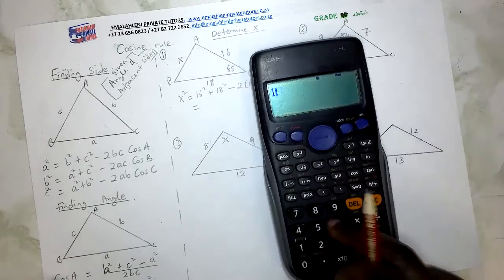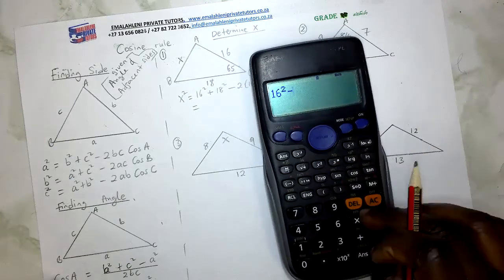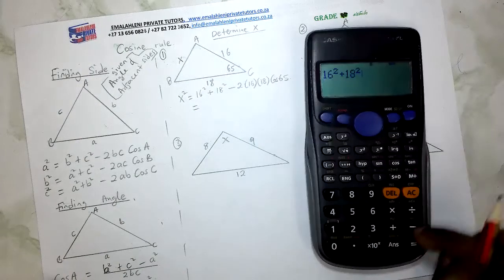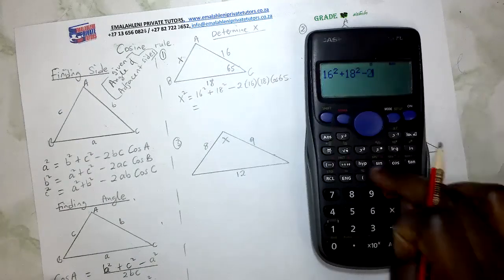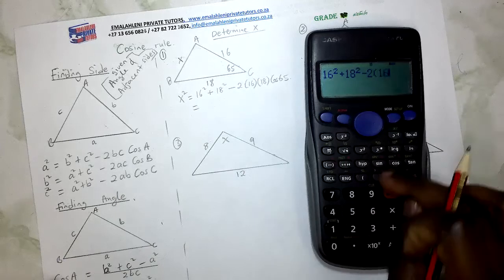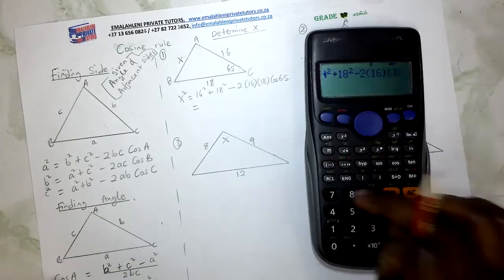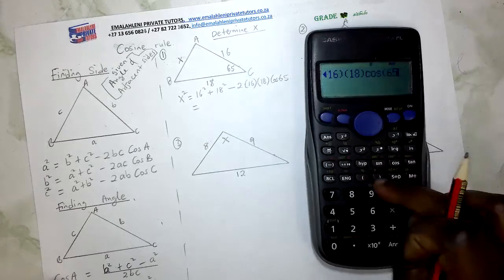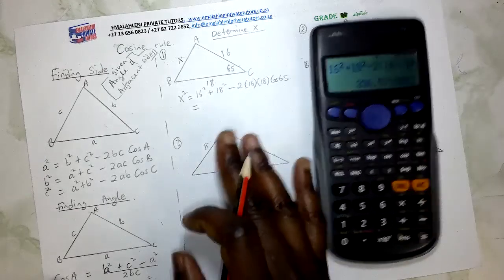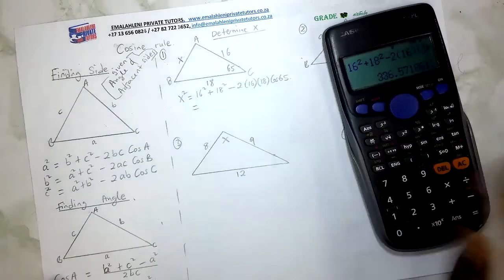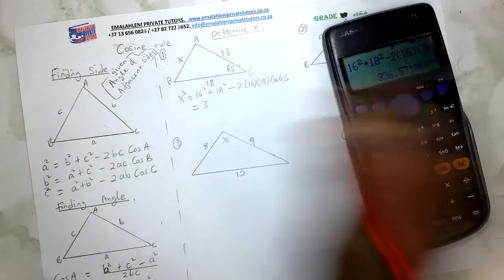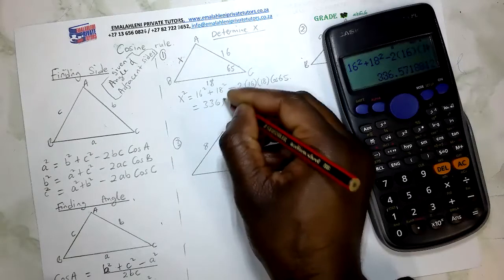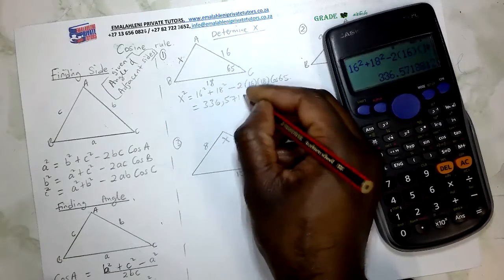So we're going to say 16 squared plus 18 squared minus 2 bracket 16 bracket 18 cos 65. Then what do we get there? We get 336,57188.